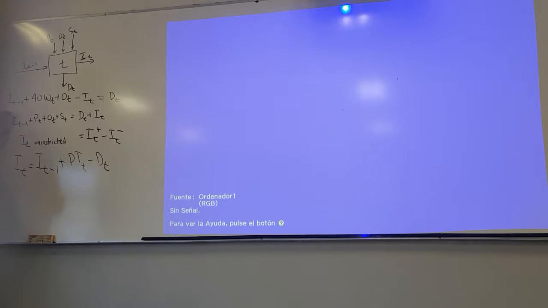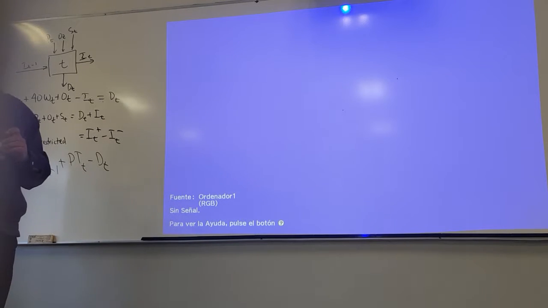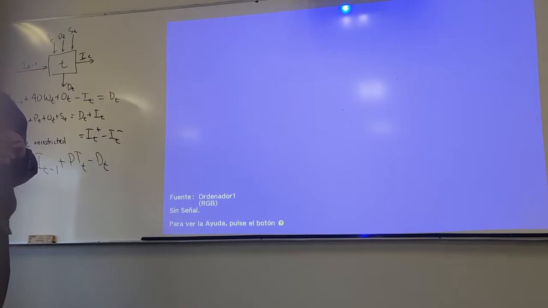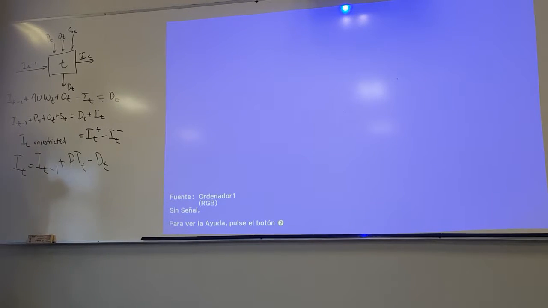We have some cases here. Here I am assuming that the inventory is non-negative. What happens when a variable is not constrained in sign? It can be negative or positive. Do you remember how to handle that?